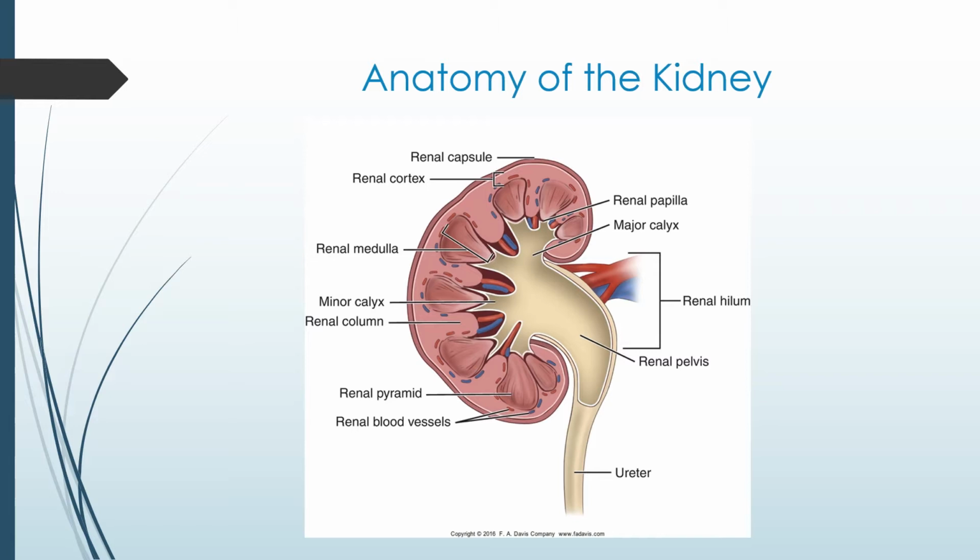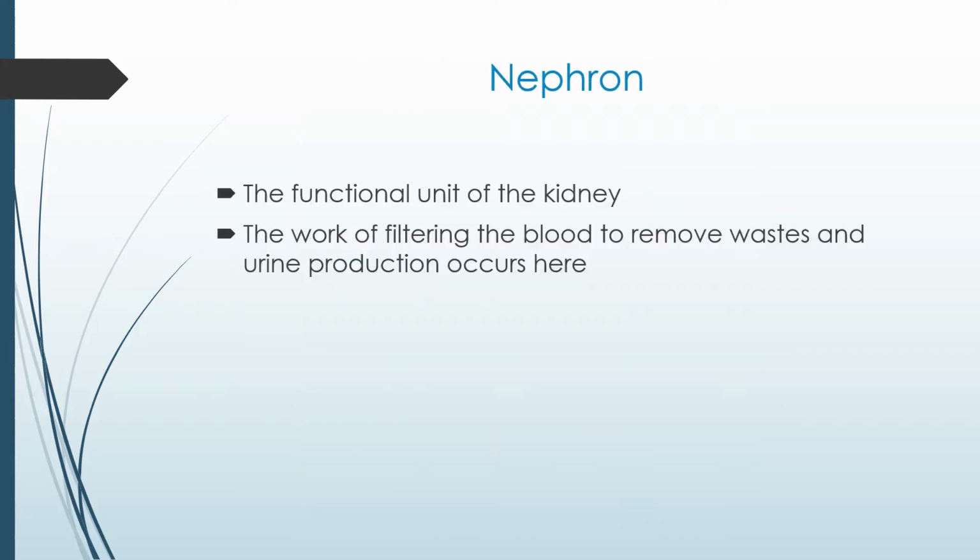Here you are looking at the anatomy of the kidney. And again, I'm not going to spend a lot of time on this because we have already been through A&P1 and A&P2. But in case you just needed a refresher about the anatomy of the kidney, this will serve as that. And we are talking about nephrons. The nephron is the functional unit of the kidney.